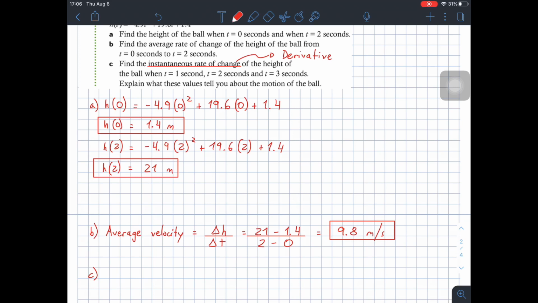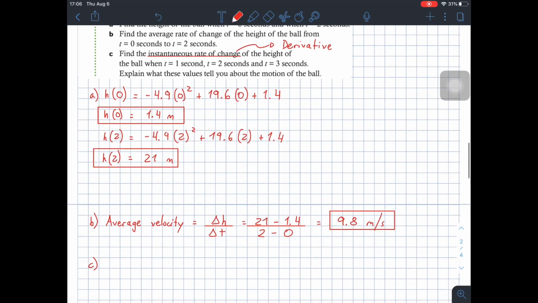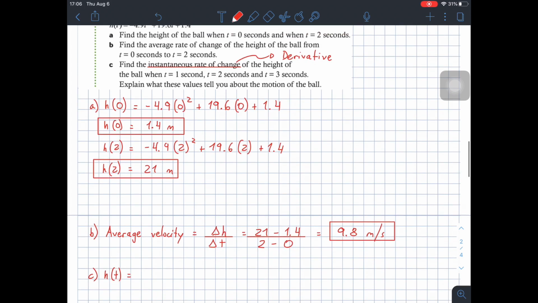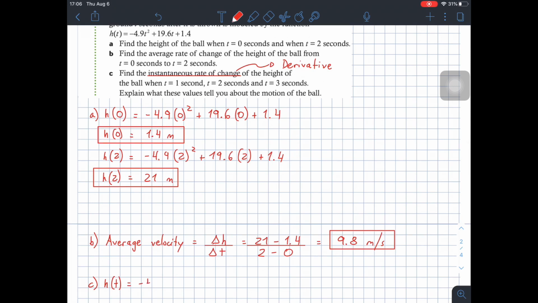So, the first thing I need to do is copy the original function, which is h of t equals negative 4.9 t squared plus 19.6 t plus 1.4. That's the original function, okay?